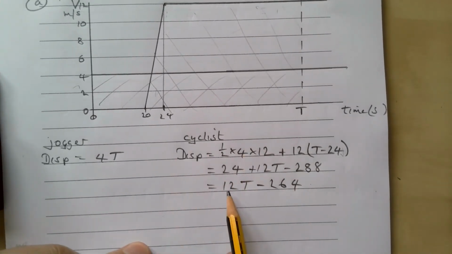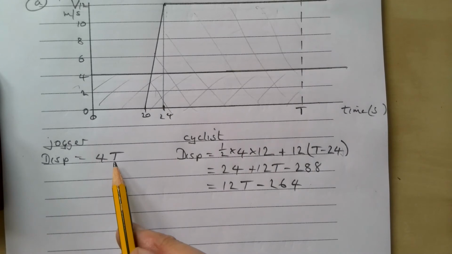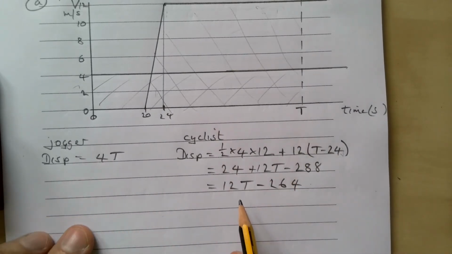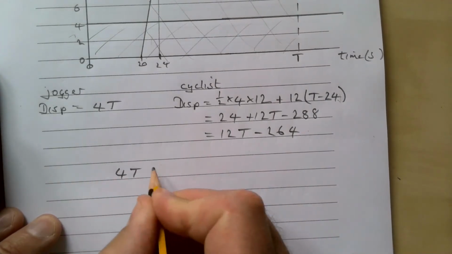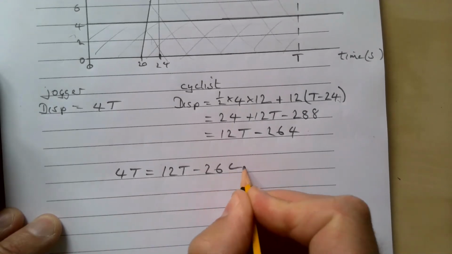So the cyclist has travelled 12t minus 264 when he catches up. The jogger has travelled 4t when they catch up. So they've both travelled the same distance. So in that case, 4t equals 12t minus 264.